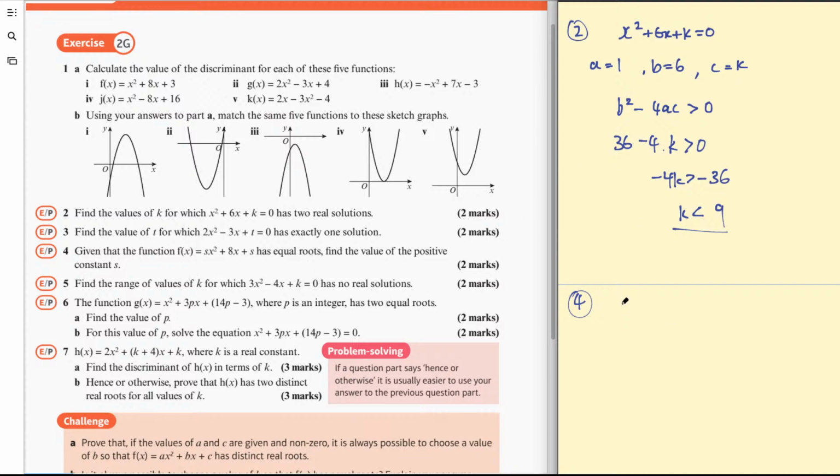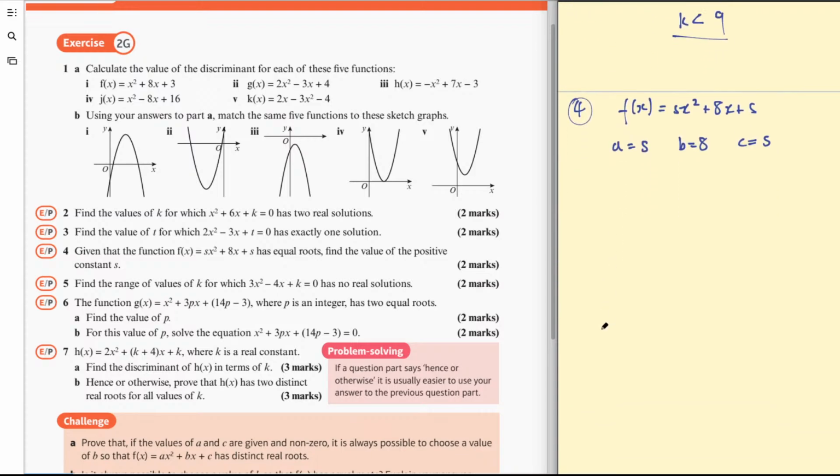So anyways, we have a function sx squared plus 8x plus s, and it says it has equal roots. So firstly, let's write down the values of a, b, and c in this quadratic. So a equals s, b equals 8, and c equals s as well. So you can see we're still going to have 1 unknown.